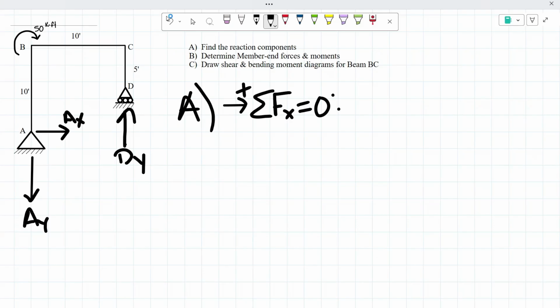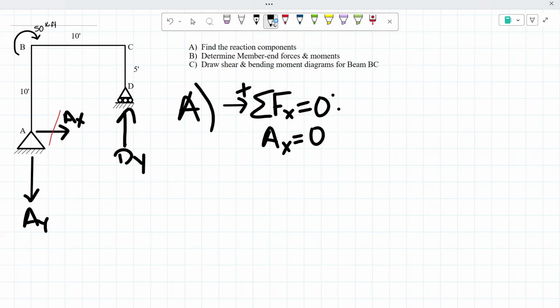So we write out all of our x forces and set that equal to 0. In this example, we only have A of x, and so that means A of x will equal 0. That force is non-existent in this example.